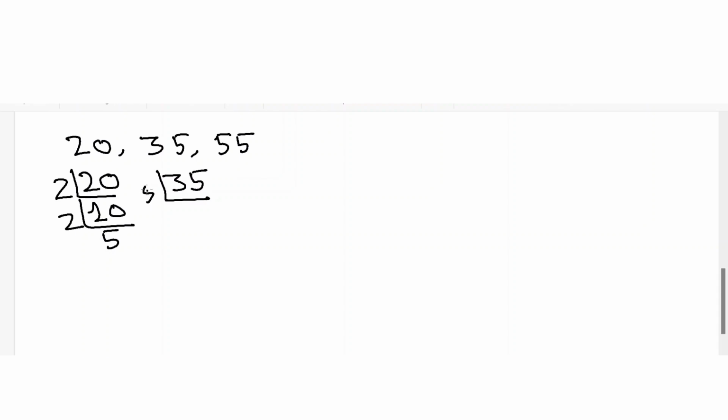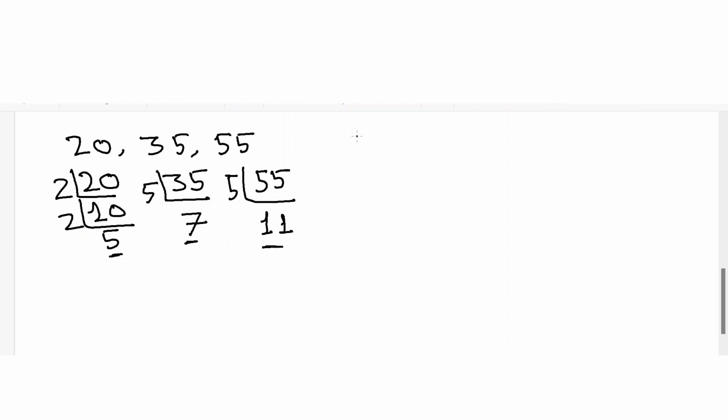So 35 divided by 5 equals 7. 7 is a prime number which cannot be divided anymore. Likewise, 5 was a prime number which could not have been divided by any other number. Now we take 55. 55 is an odd number, but having 5 in the unit place will be divisible by 5. So if I divide 55 by 5, we have 11. 11 being an odd number cannot be divided any longer.